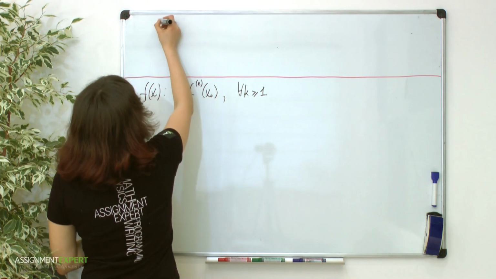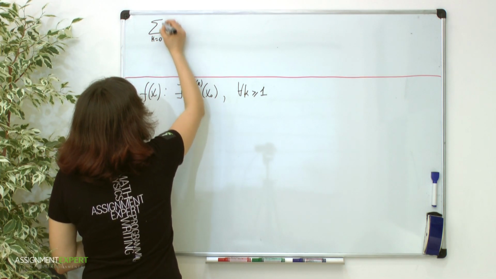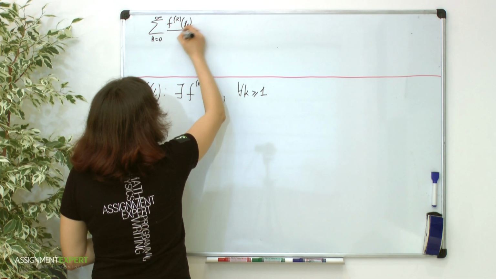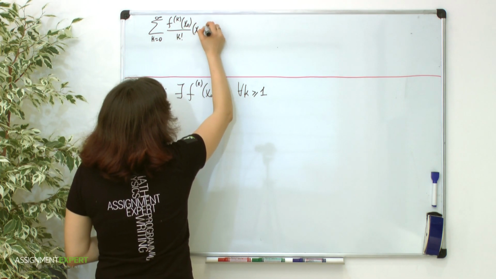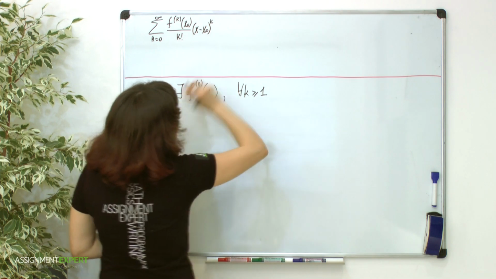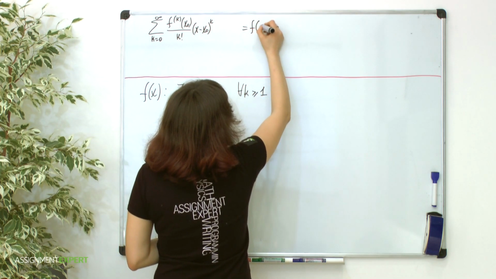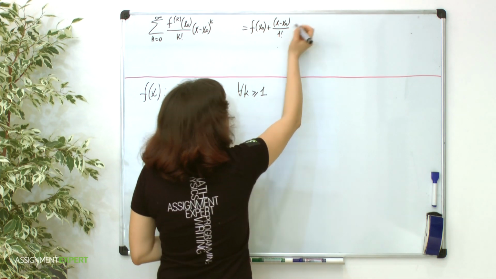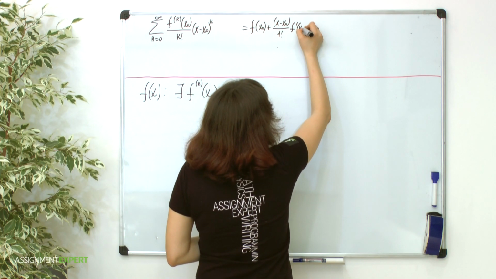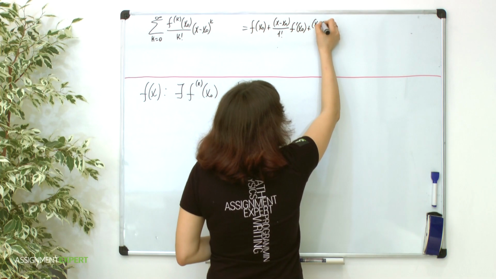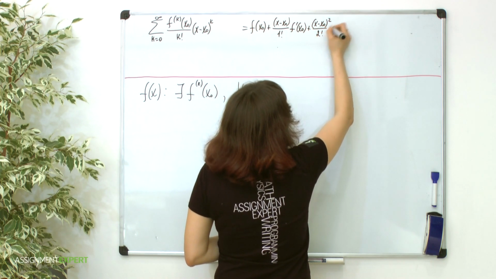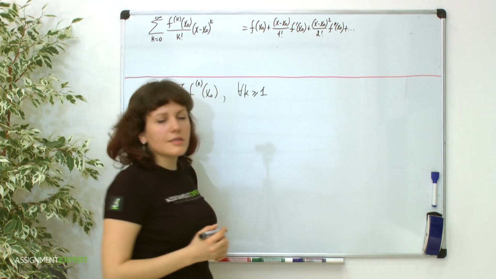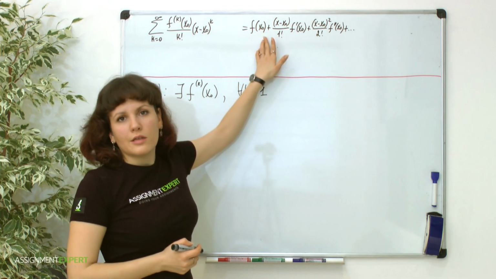Then the series summing from 0 to infinity the kth derivative of f of x0 over k factorial times x minus x0 raised to the kth power, which is equal to f of x0 plus x minus x0 over 1 factorial times f prime of x0 plus x minus x0 squared over 2 factorial times f double prime of x0 plus and so on, approximates the function f of x in the vicinity of point x0.